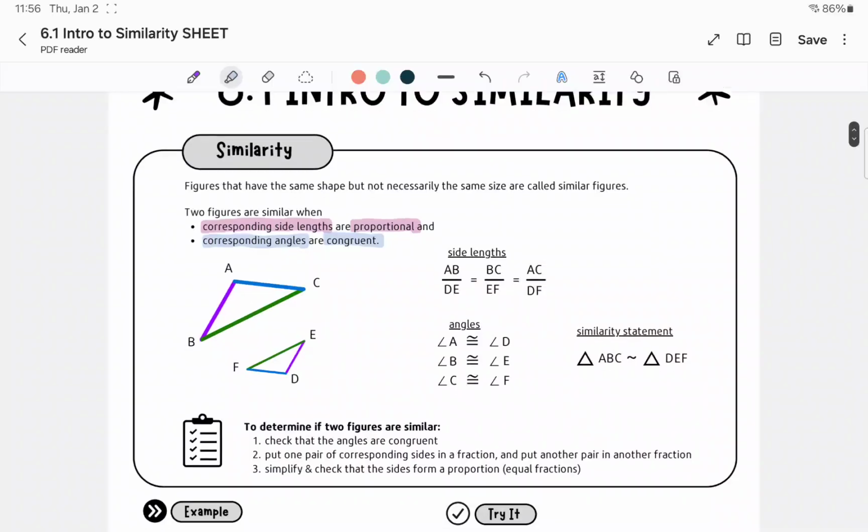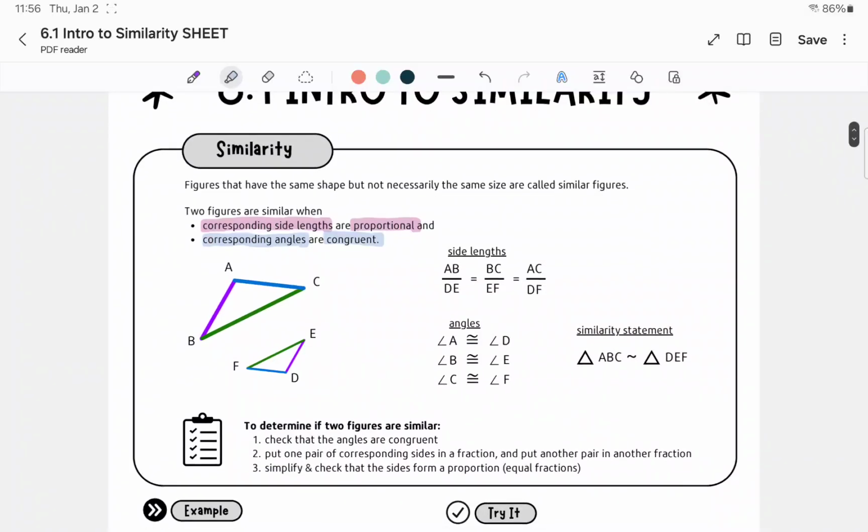So this also states here, I'm going to skim over this very quickly and then go into examples. If you want to use the highlighters, you can to make yours look like mine. But see how side AB is purple, that corresponds to DE. That's going to form a ratio, right?